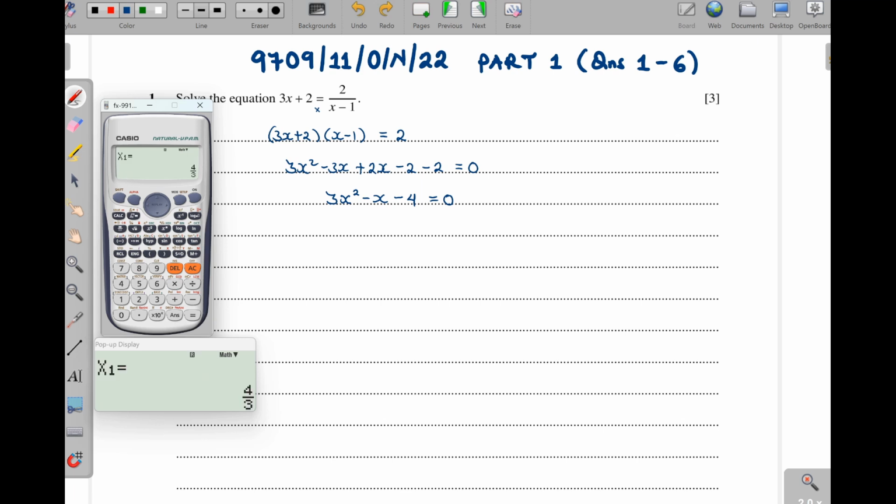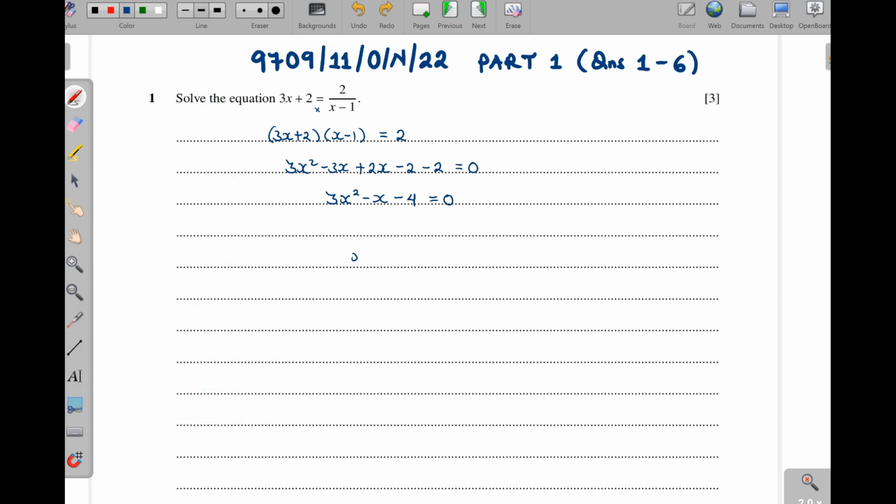Then that is 4 over 3, and then negative 1. So x is equal to 4 over 3, and the other one, x is equal to negative 1. But if I do it like this and just go, I'm going to lose one of the marks.